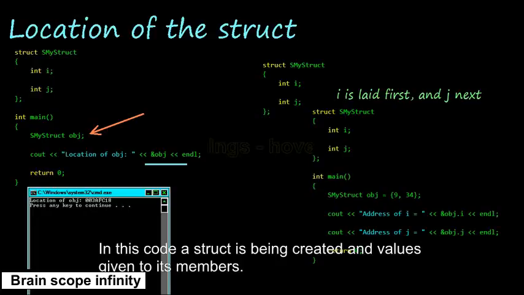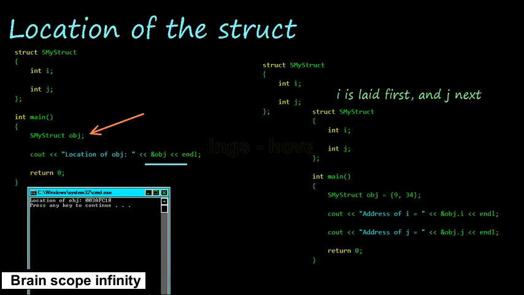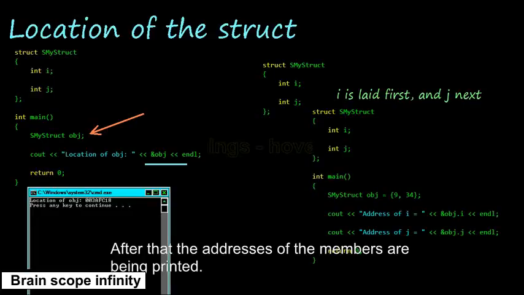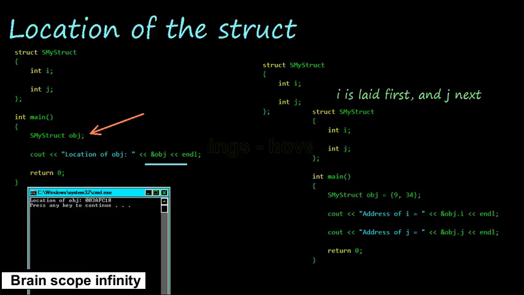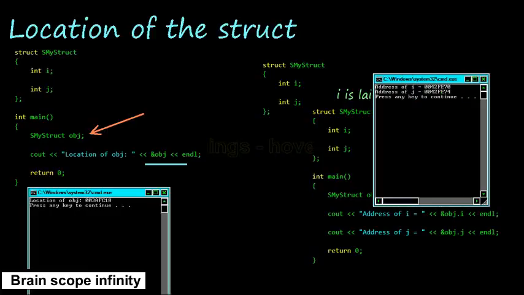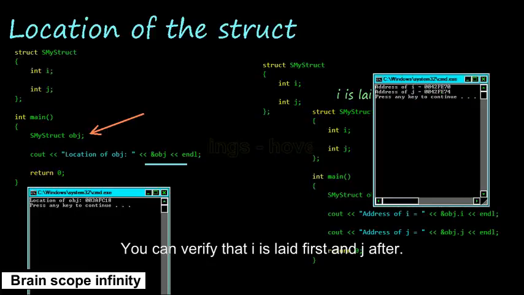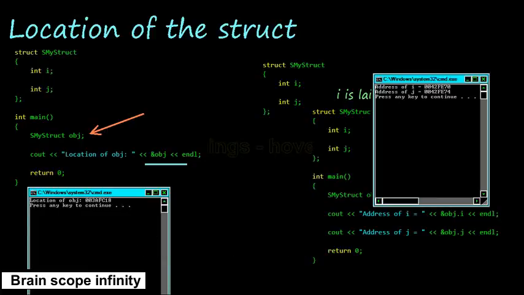In this code, a struct is being created and values given to its members. After that, the addresses of the members are being printed. You can verify that i is laid first and j after. The ordering is preserved.